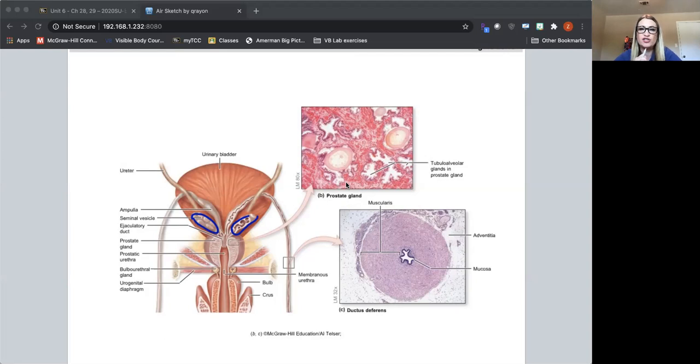The volume of the ejaculate is about 3 to 5 milliliters. It's not a very large volume. And this amount of ejaculate contains normally between 200 to 500 million sperm.